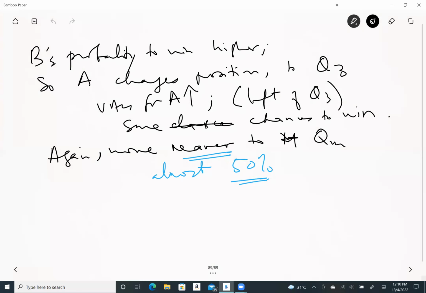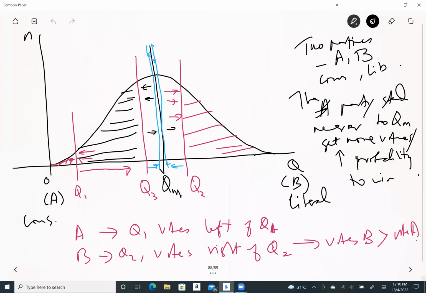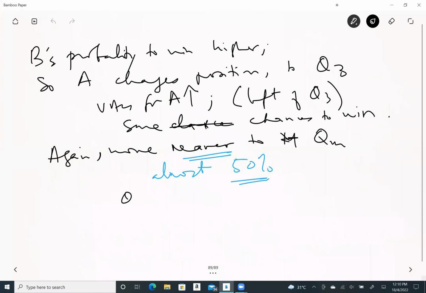Move nearer to B, very, very near to B. All right, so let's call it Q4, Q5. Move closer, Q4.